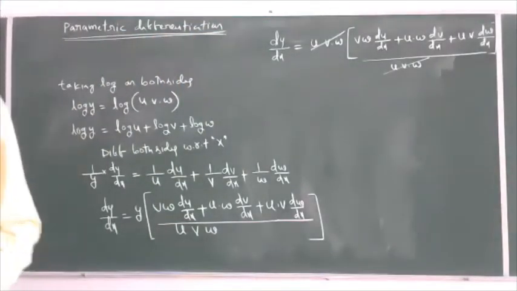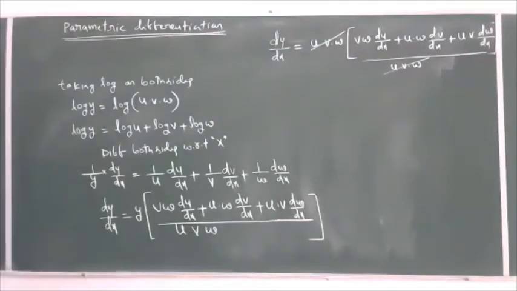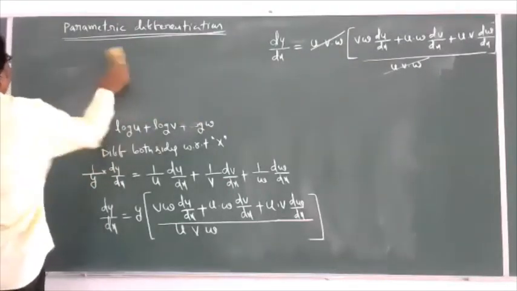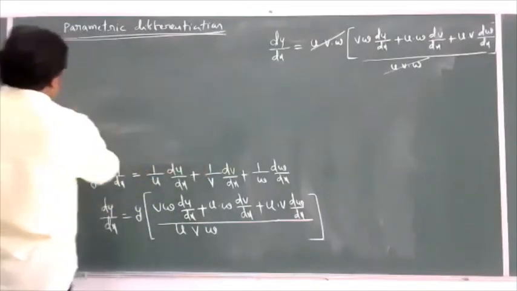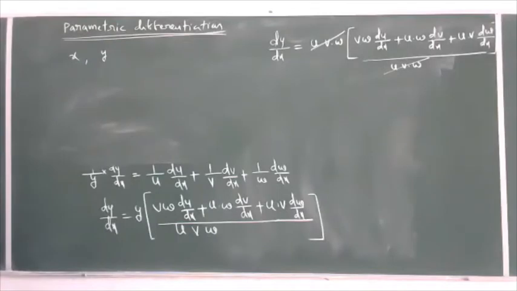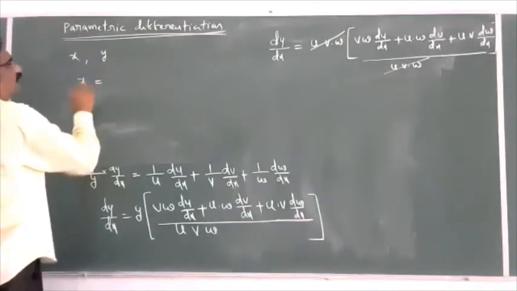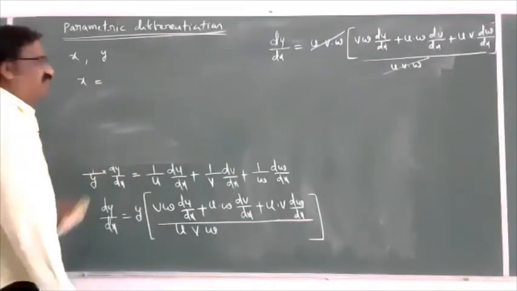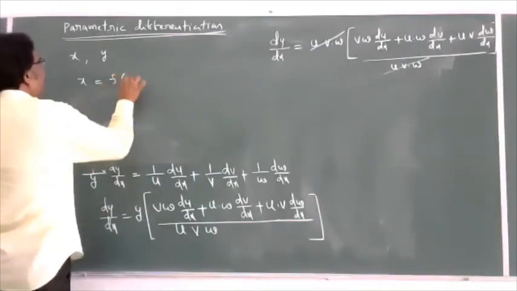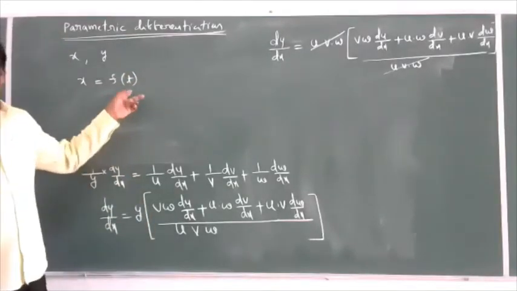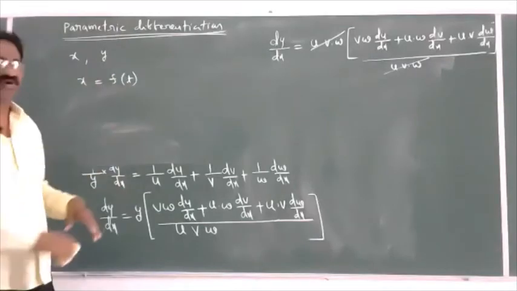So, first we want to discuss what is meant by parametric functions or parametric equations. For example, x is a variable and y is a variable. X is a function in terms of another variable, for example t, that is x is equal to f of t.